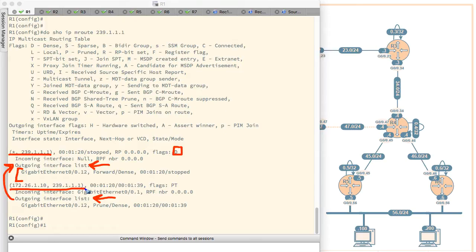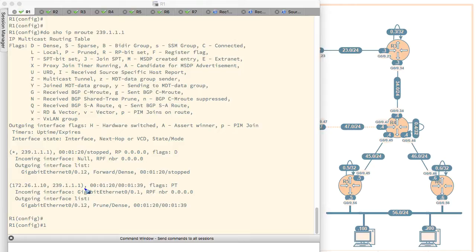That's what's going on with the star,G. In dense mode it provides some important information in Cisco routers, but don't get thrown off by it. It's not really being used for anything. What is really being used is the S,G. So let's take a look at the S,G.